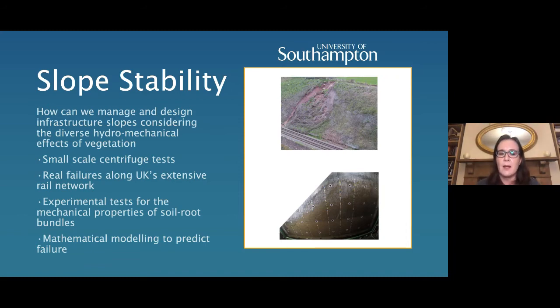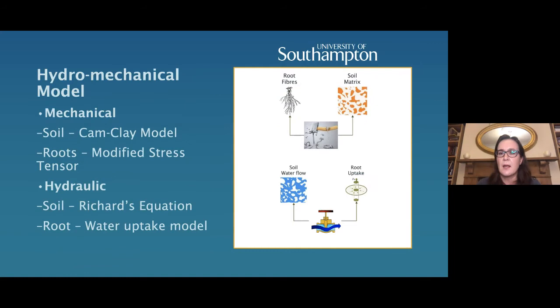Now, the plants stabilize soils in two ways. The most intuitive way is to think that they are mechanically in the soil as fibers, and hence make the soil stronger. But even if the roots are very fragile themselves, they actually strengthen the soil by being in the soil and sucking out water.